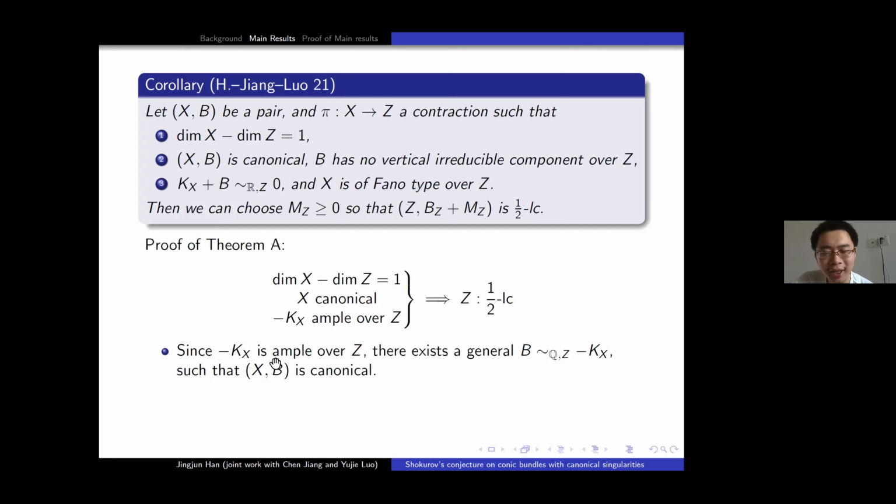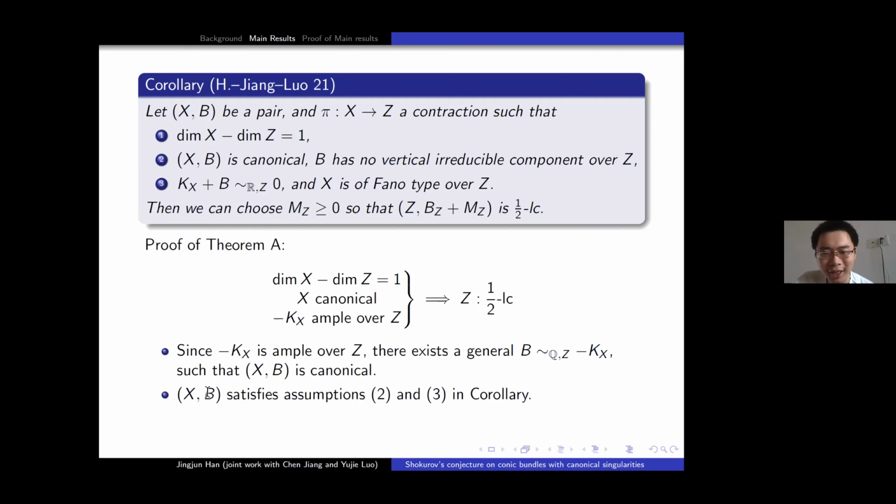Since minus K_X is ample over Z, we can take a general divisor B, which is effective, such that B is Q-linearly equivalent to minus K_X over Z, and (X, B) is canonical. So it will not make the singularity worse.